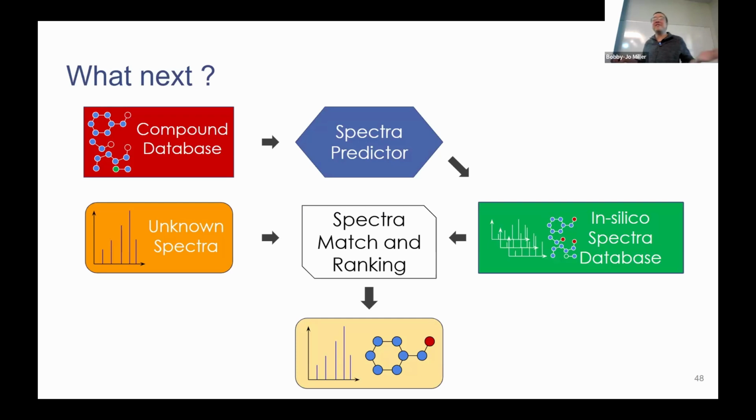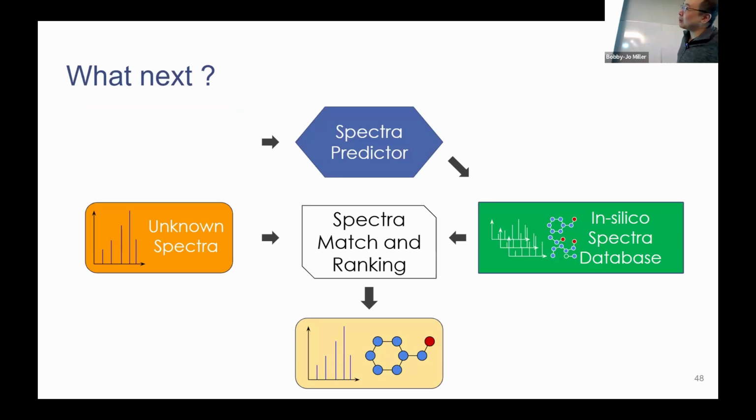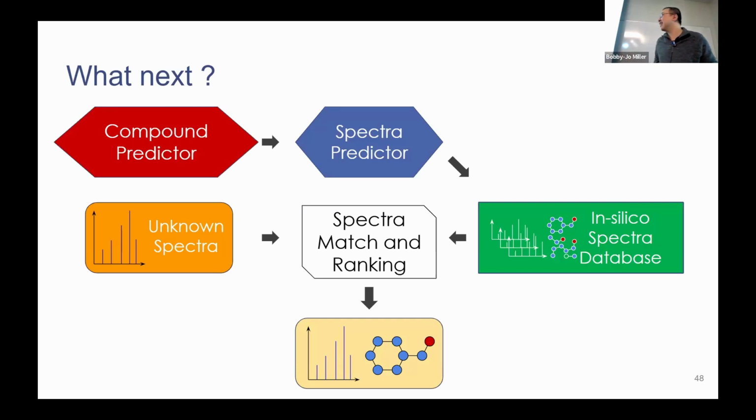As I mentioned, there are 10 to the 180 different molecules we haven't even seen before. So what if we replace this with another machine learning model? We're probably going to be able to share more details of what we did for this in the coming weeks.